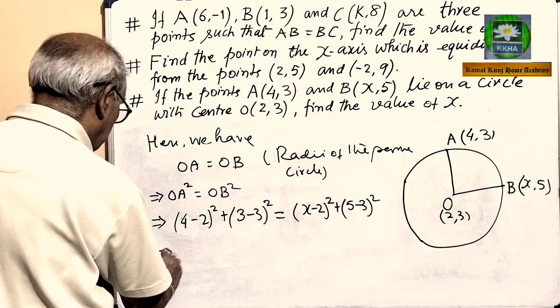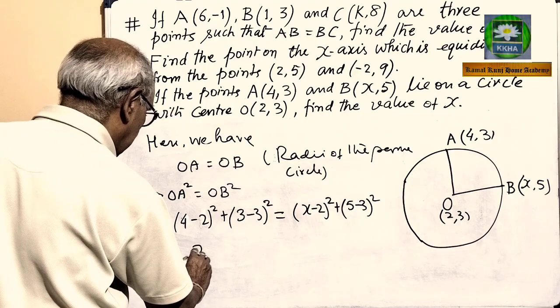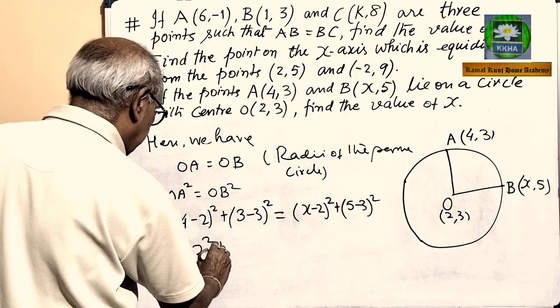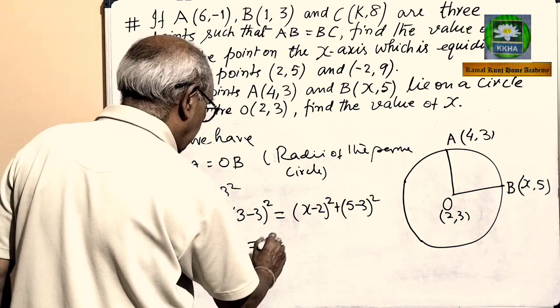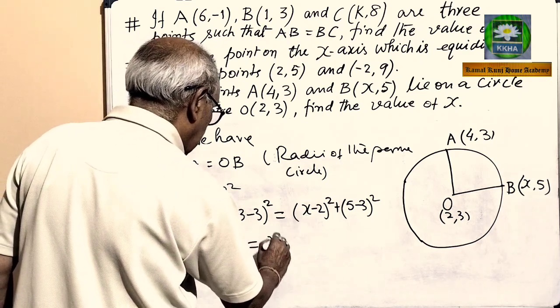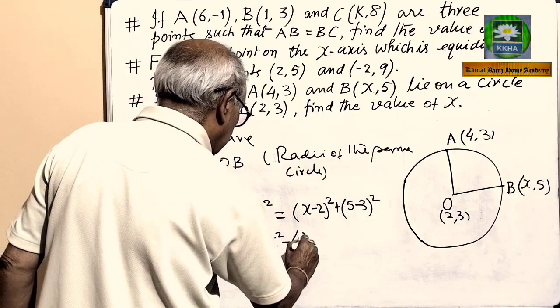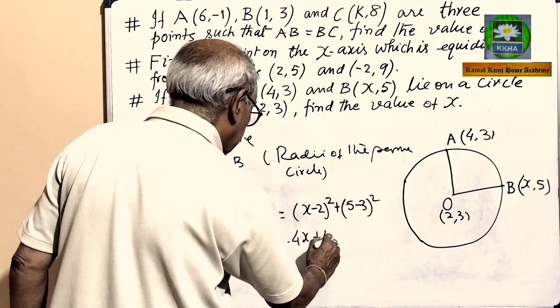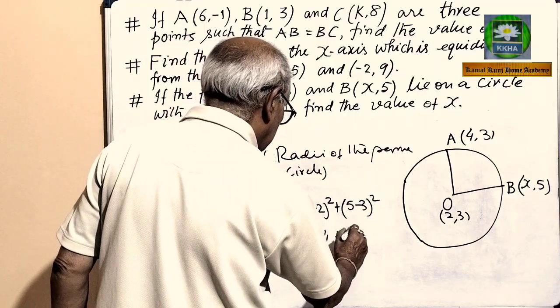This implies that 2 square plus 0 equal to x square minus 4x plus 4 plus 4.